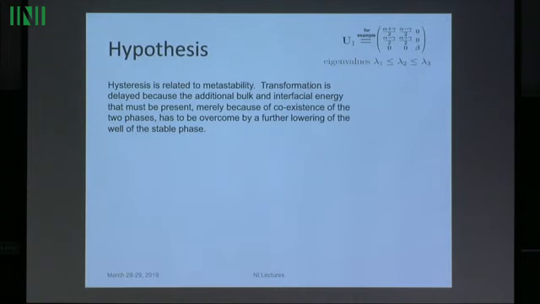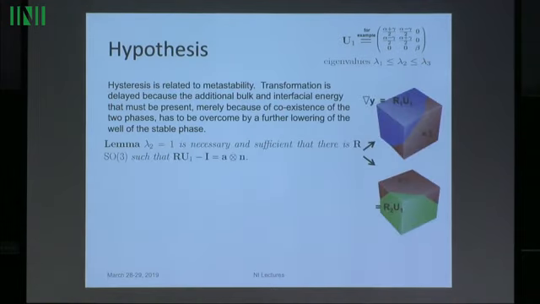But also, from an experimental viewpoint, is there something immediately you can do about this? Because if there's a barrier set up by the additional bulk and interfacial energy of coexistence, why don't you just get rid of that interfacial energy and this bulk energy? How do you do that? You use the lemma.